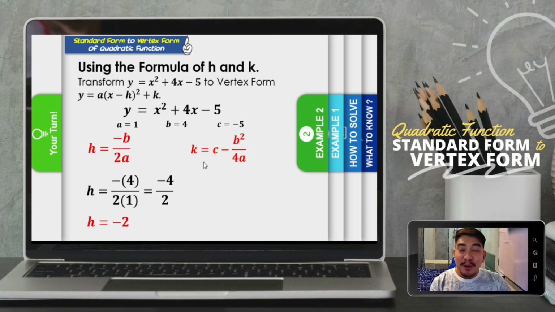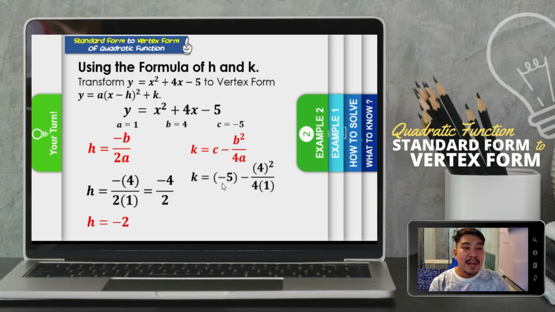Next, how about the value of k? We need to substitute the values of a, b, and c to the given formula. So we now have negative 5 because that is the value of c, minus b squared, the value of b is 4. That is why we have 4 squared over 4 times the value of a, which is equal to 1. And if you can see, 4 squared or 4 times 4 will just be 16.